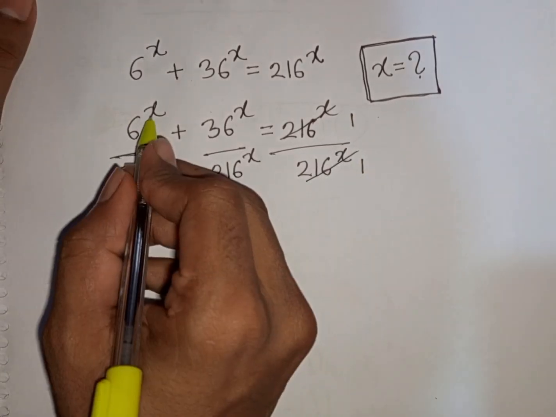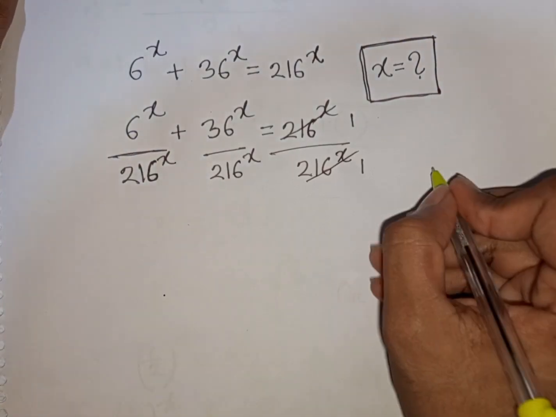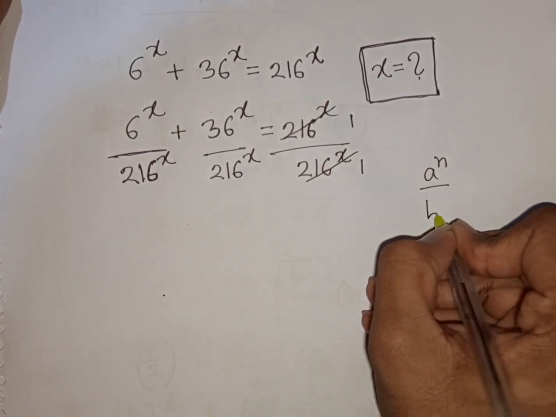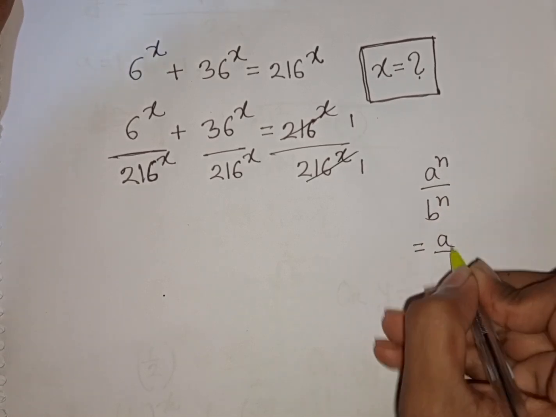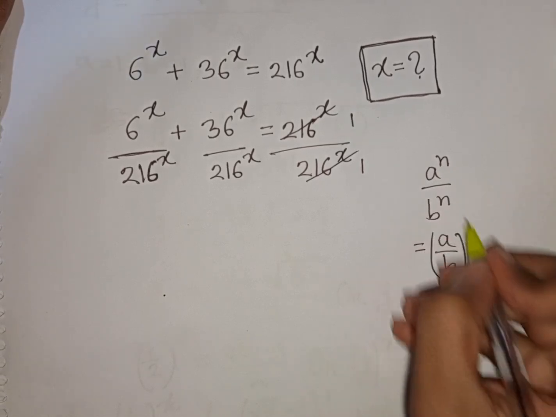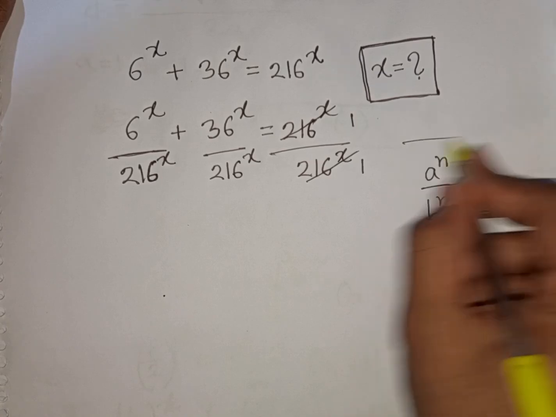Now from here, x is the same power but different base. So remember this exponential rule: a power n over b power n is equal to a over b, then bracket common power n. That means the same power but different base.